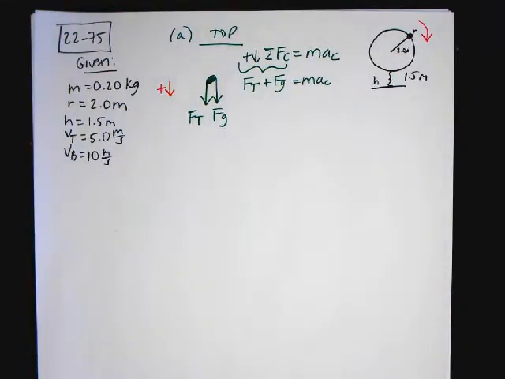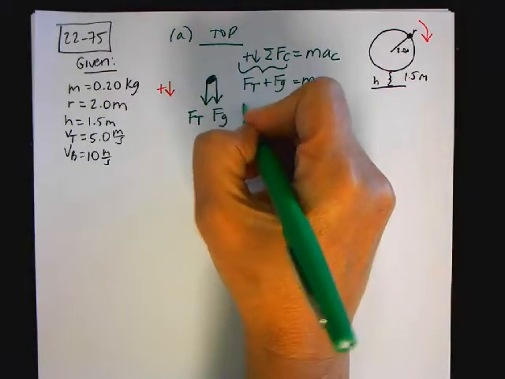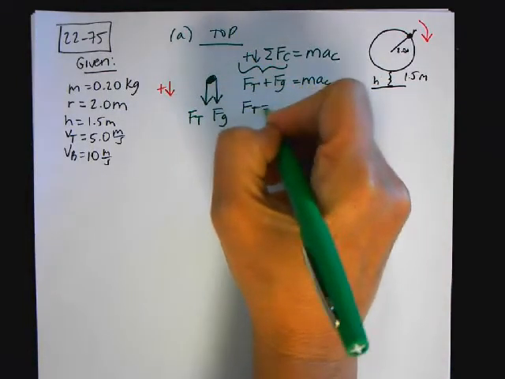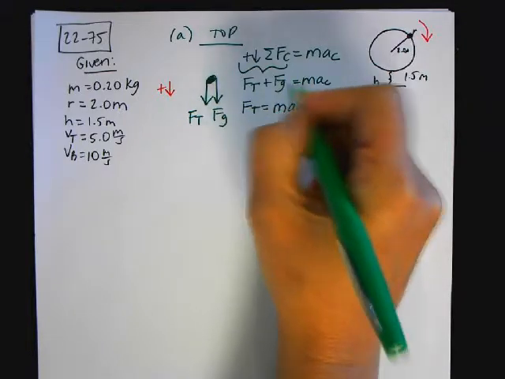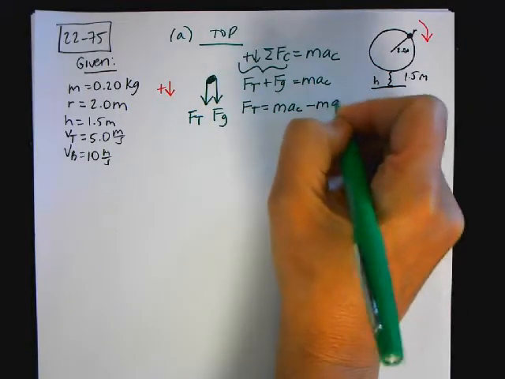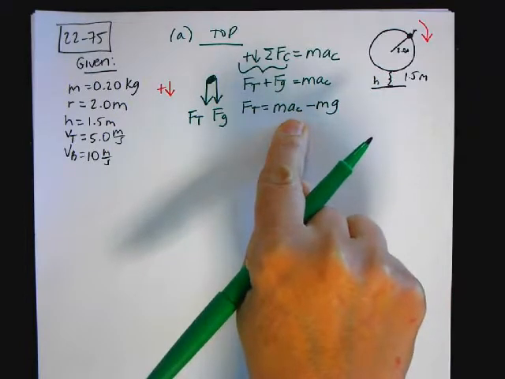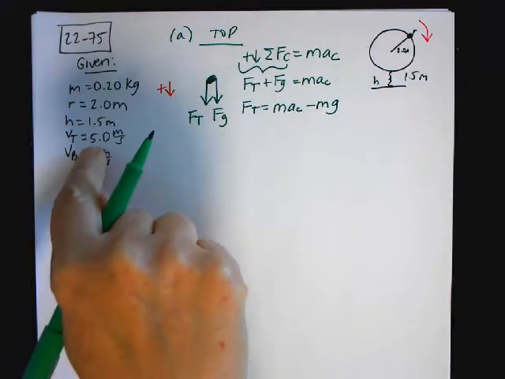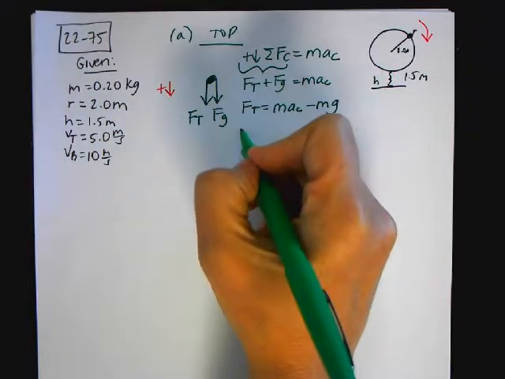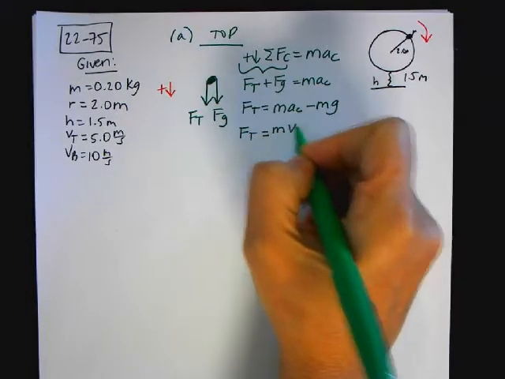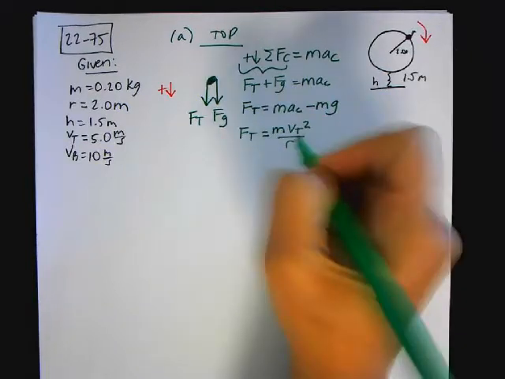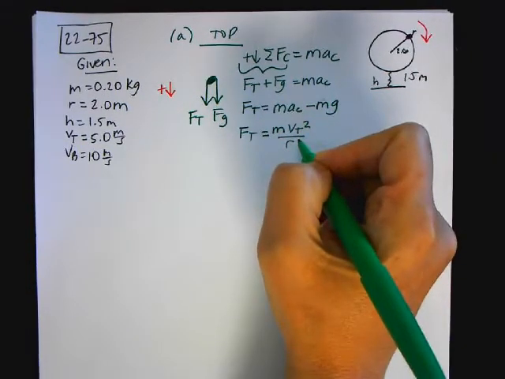Now I want to find the tension, so I'm going to rearrange the equation and say FT is equal to MAC minus F of G, which is mg. Now I don't know the acceleration at the top, but I know the velocity. So now I'm going to do it one more time and say FT is equal to mvt squared over r minus mg, because centripetal acceleration is v squared over r.